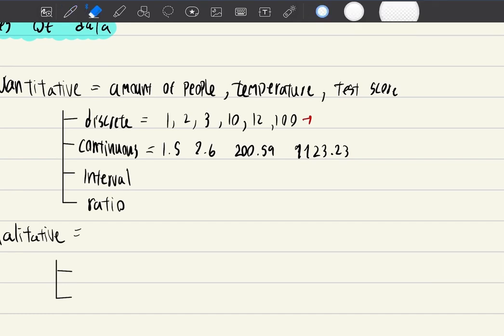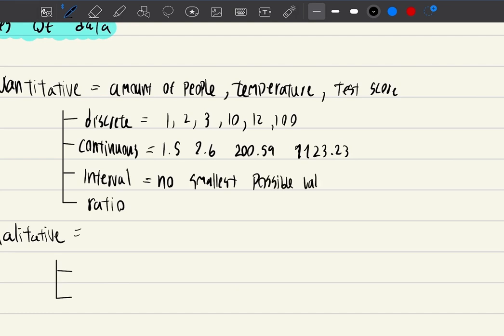The next one is interval. The interval is a number with no smallest possible value.